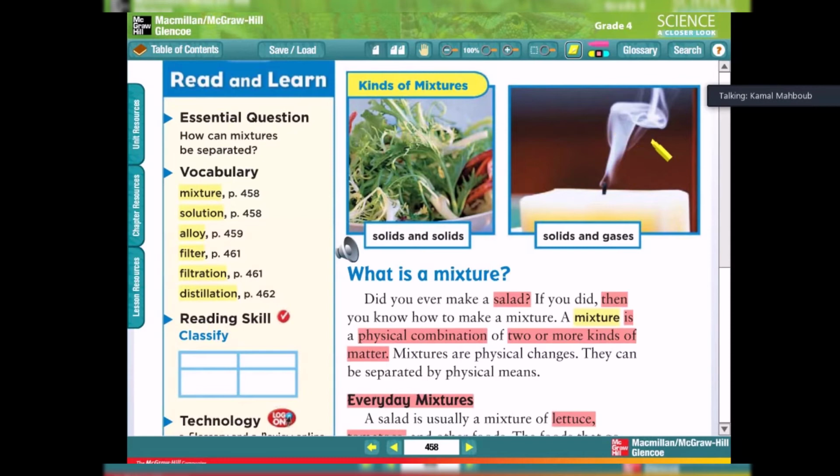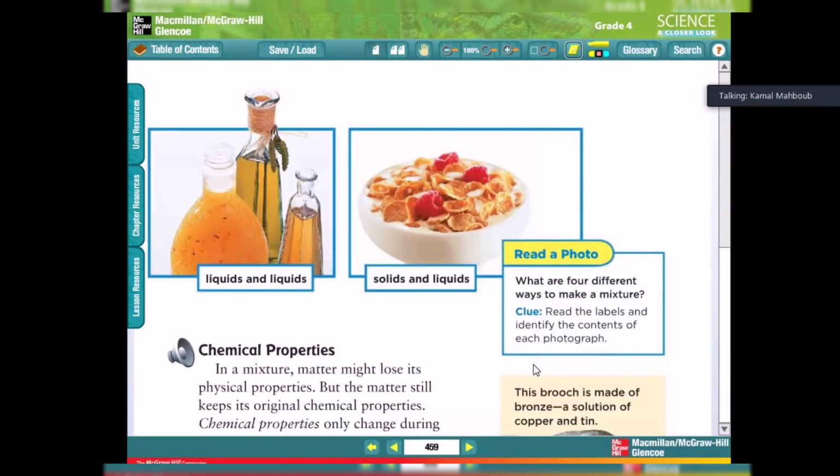If you look at this smoke made up of carbon particles. Now, the carbon particles, that is the solid. And when these carbon particles release into the air, now this is solid in gas. That's another kind of mixture. If you look over on the next page, 459, you can see another kind of mixture.